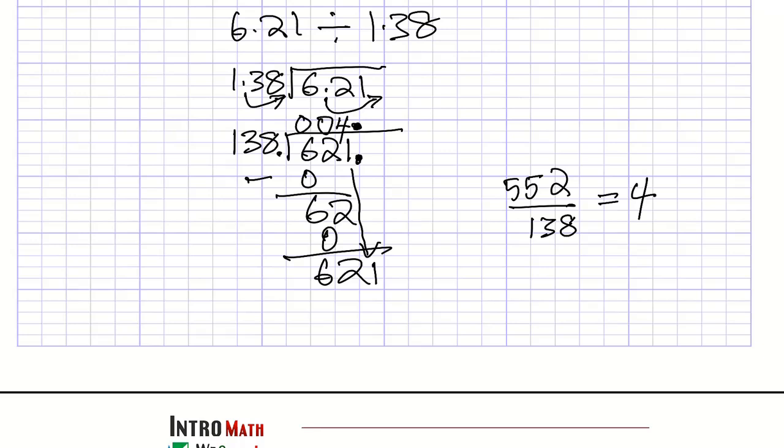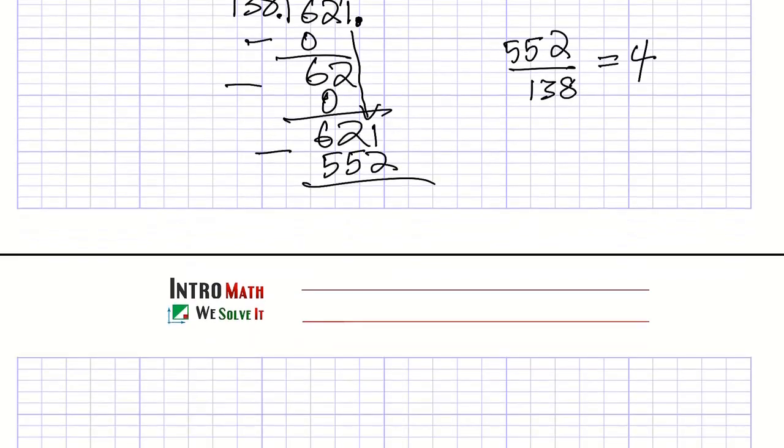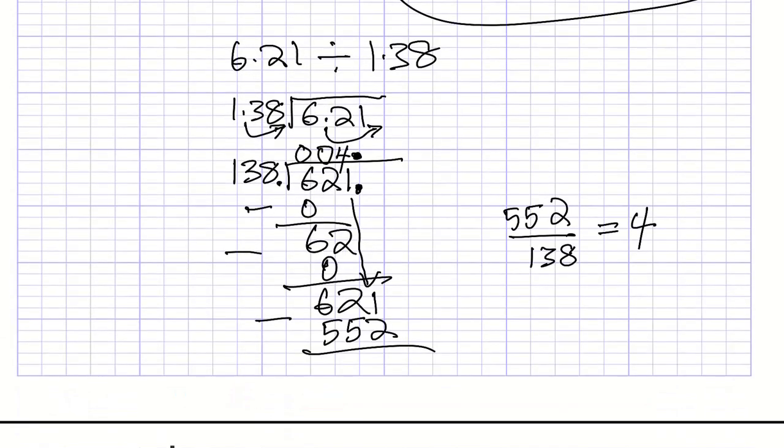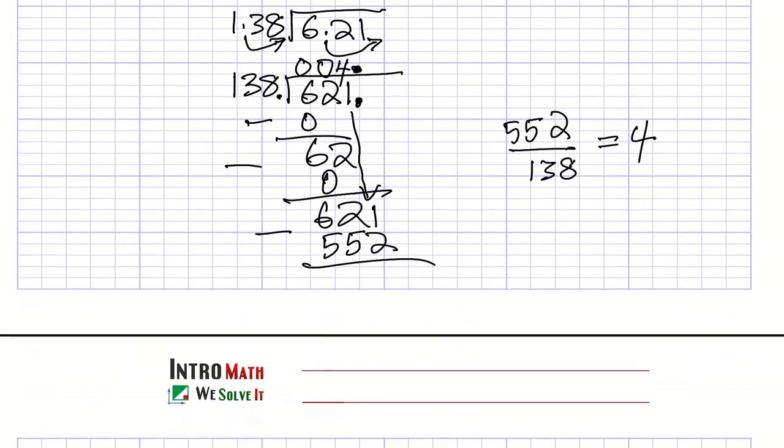You multiply 4 by 138, you get 552, and then you subtract. Okay, what do you get after subtraction? You get 69, right? You get 69.